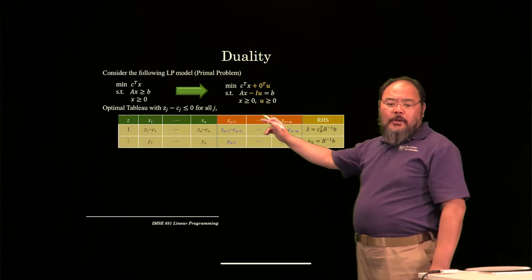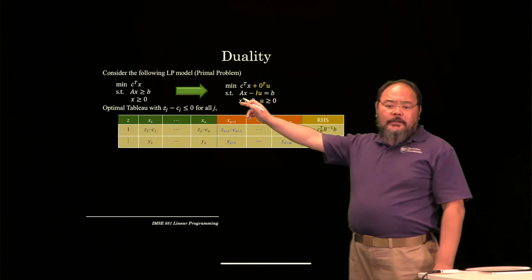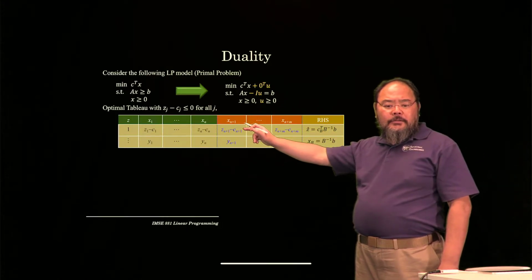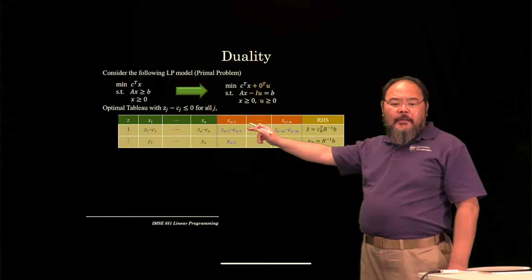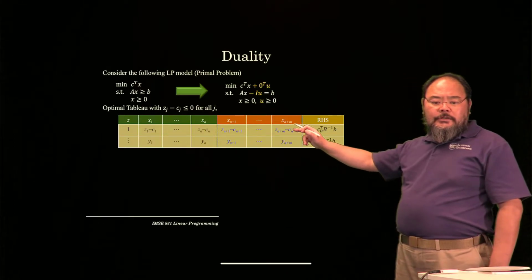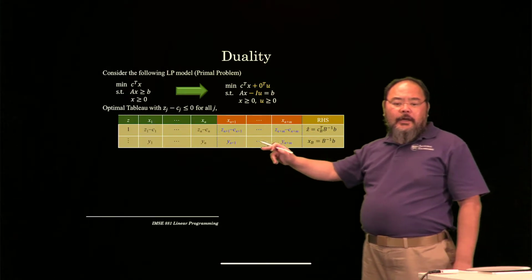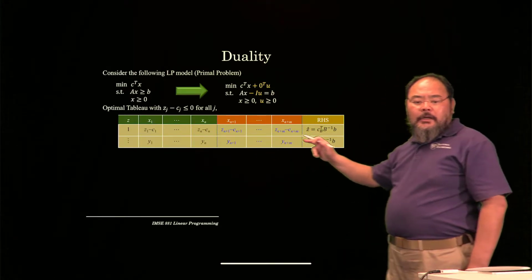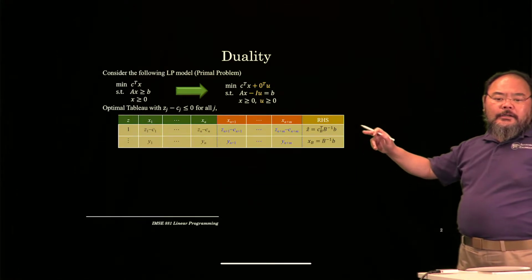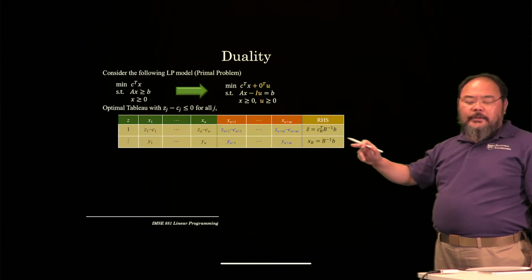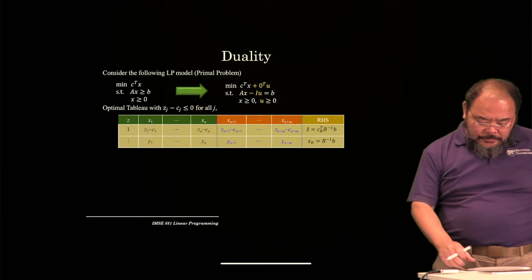And the orange part is the so-called surplus variable columns, and they also have z(n+1) minus c(n+1) to z(n+m) minus c(n+m). Same thing, we have the corresponding column below, and then here is the objective function, and below is the current basic solution.